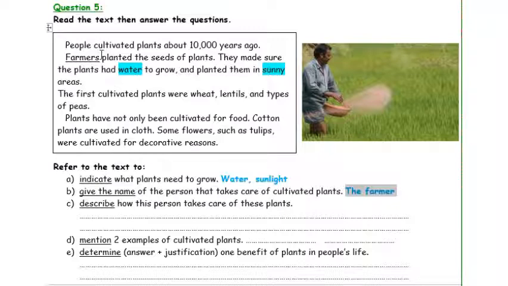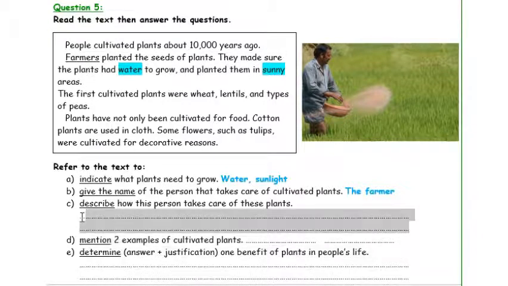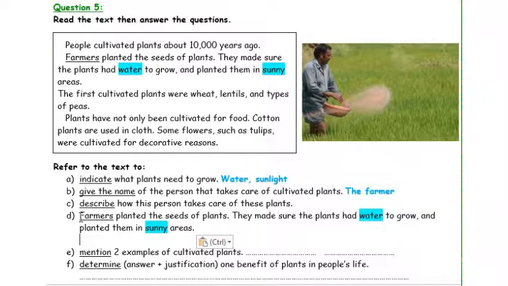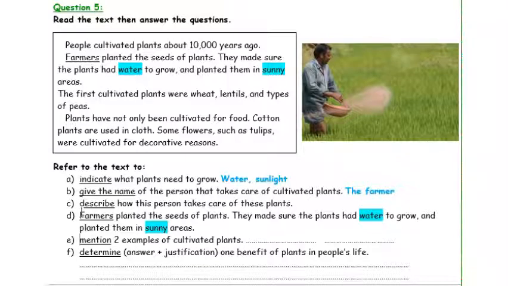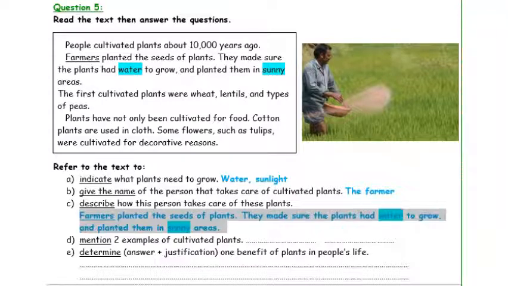They plant the seeds, right? They give them enough water and put them in sunny areas. So I'm going to copy this sentence and write it over here. What do farmers do to care for the cultivated plants? They plant the seeds, they give them enough water, and they put them in sunny areas.